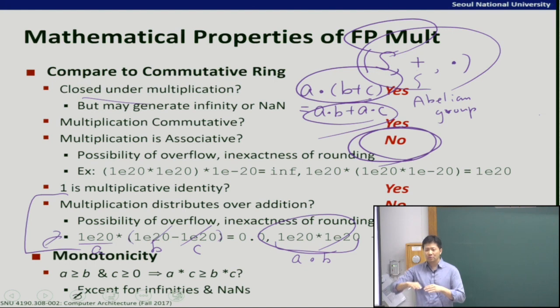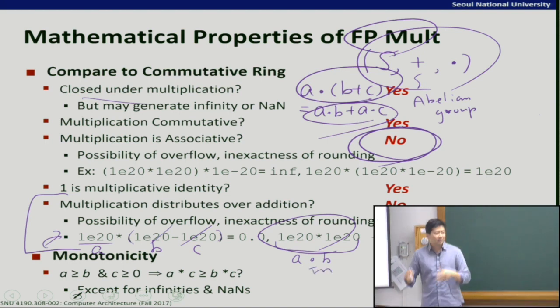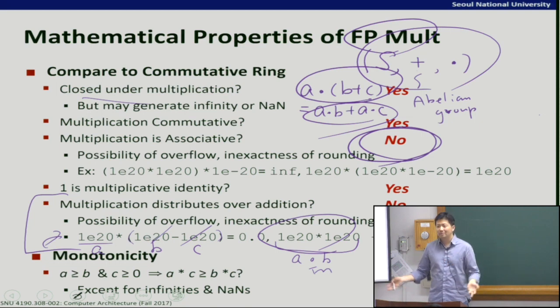So this one overflows, right? In our floating-point multiplication, if it overflows, it becomes what? Infinity, right? So it's no longer an earthly value. It goes to heaven, so it never comes back. So this one is now infinity. And infinity minus some other number will also still be infinity, right?